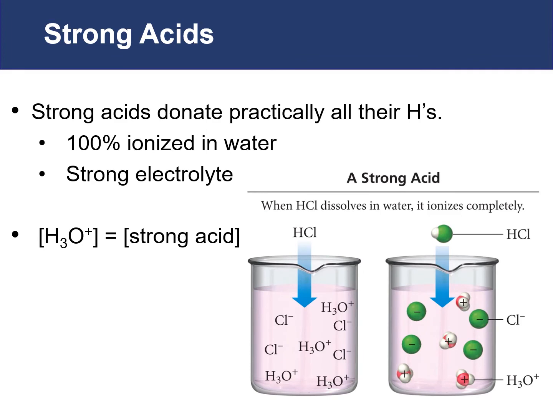So for a strong acid, to see an example of one, strong acids will donate practically all of their acidic protons. So you'll see virtually 100% ionization in water. They're very strong electrolytes. So when we tell you the concentration of a strong acid, let's say we have a 1 molar hydrochloric acid solution, that means you can think of it as essentially having 1 mole per liter of the hydronium ions, right?